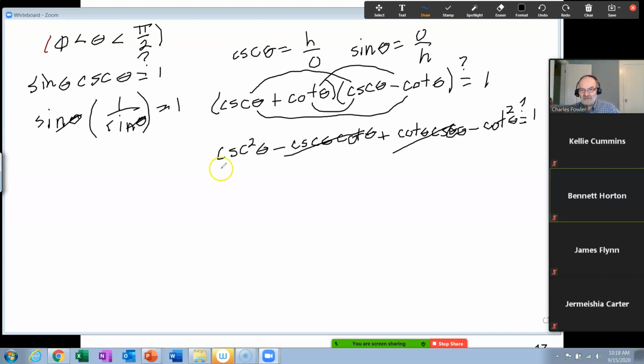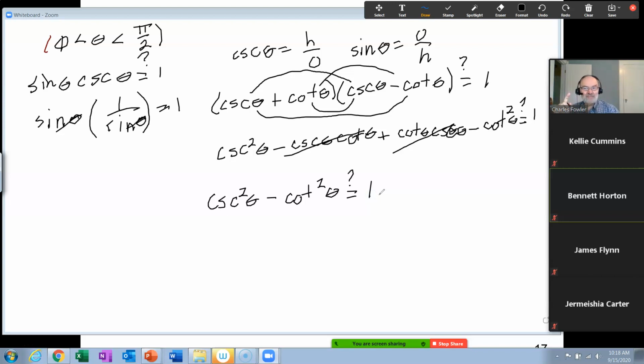So you're left here with cosecant squared theta minus cotangent squared theta, because those middle two add to 0, and then it claims, but we haven't proven, that that's equal to 1.